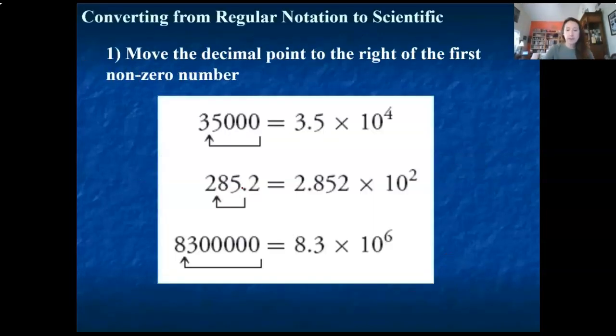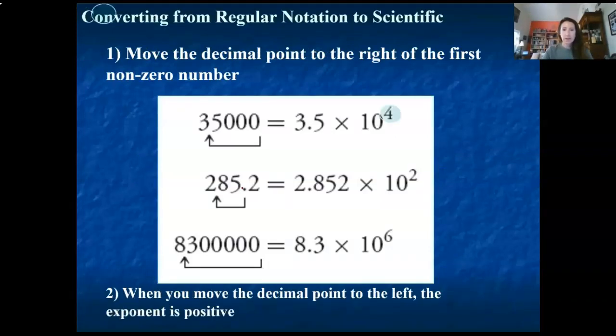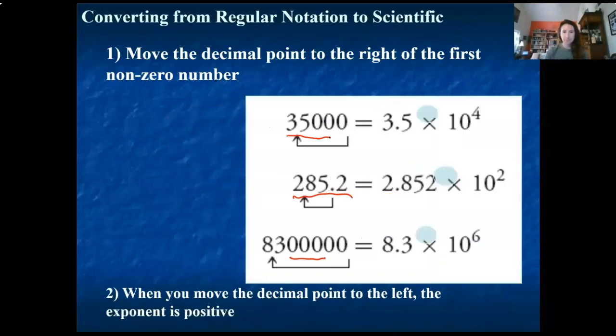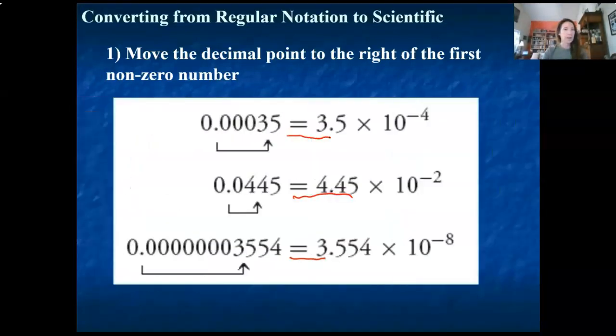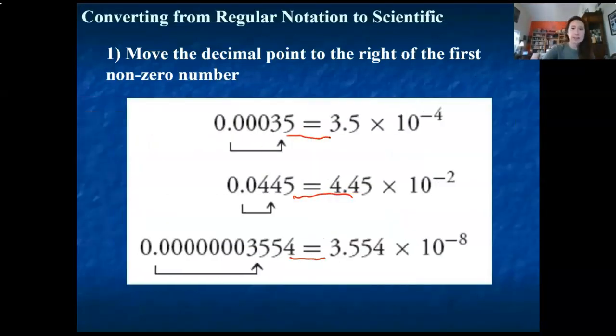So again, all of these are positive, meaning that number was greater than 1, right? So make sure you have your decimal place in the correct way. And again, between 1 and 10, between 1 and 10, between 1 and 10. Okay, now if we look at this, here are our exponents.